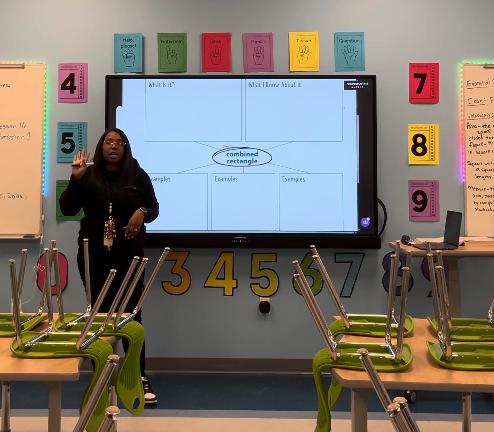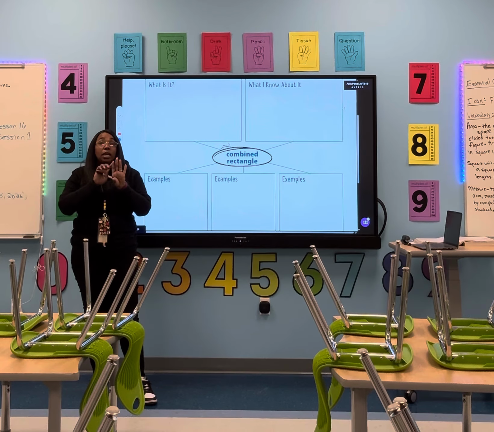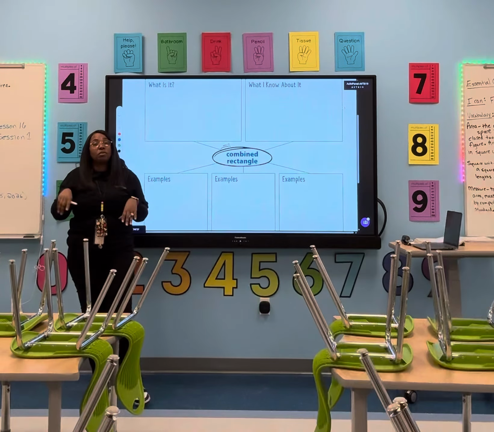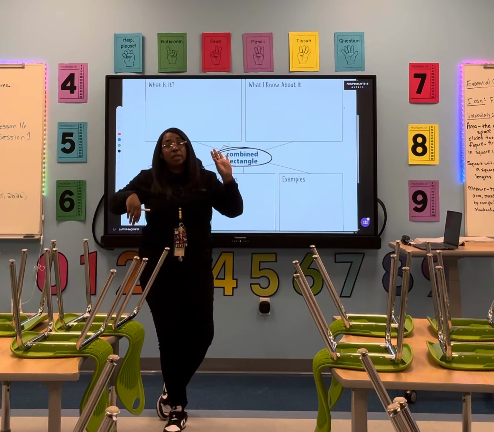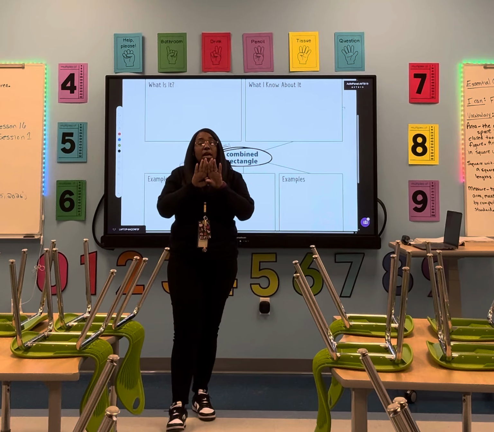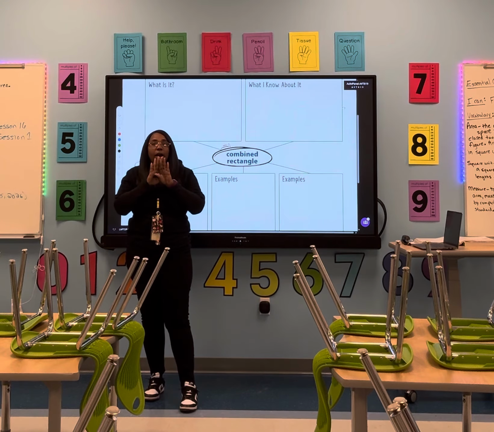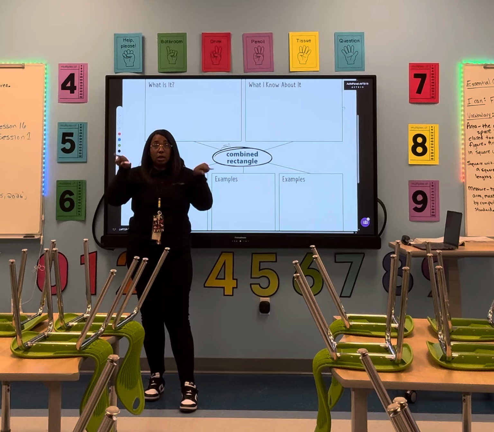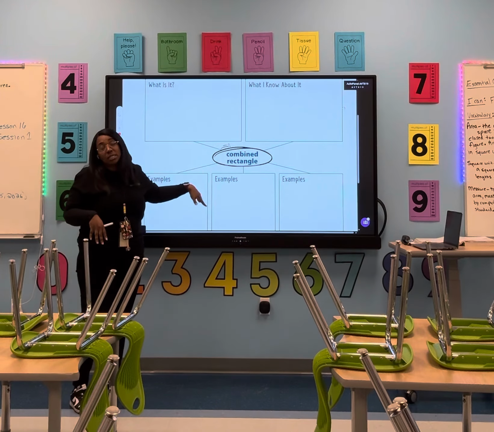So we might have a rectangle A and a rectangle B, and when we combine them together, they give us a larger rectangle. We have to find the area of rectangle A, and then find the area of rectangle B, add them together, that's where the adding comes in, and then we will find the total area of that larger rectangle. That's basically what we did today, and that's what the homework is about today.